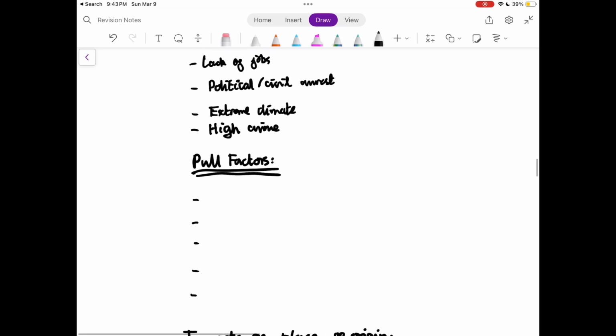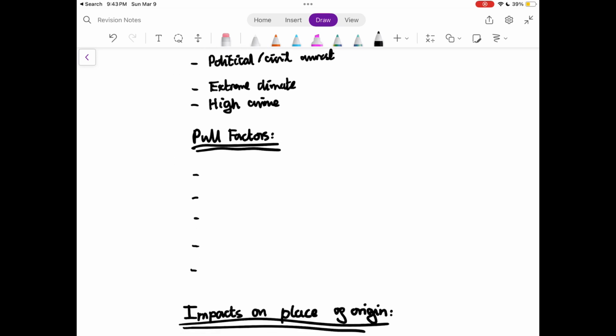So pull factors are factors that attract migrants to the destination. So one thing could be higher wages, because they would want to earn more income so they can spend it on more luxury and disposable goods. The next thing is entertainment. And another pull factor is the provision of public services.